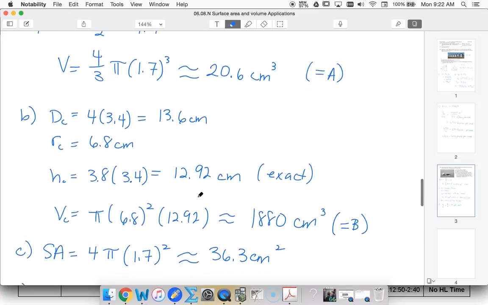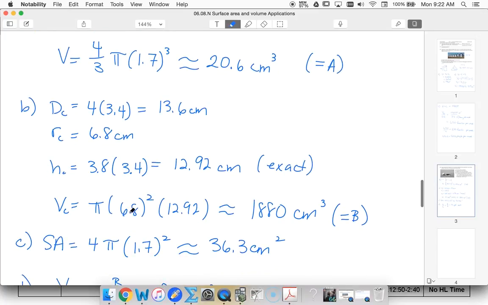Yes, that makes sense as well. So this is going to be a very big number. 6.8 squared times 12.92 divided by 1.7 cubed. Well, that's like 2 cubed, which is about 8. 8 times 4 is 32. But then divide that, we get about 10. 10 times 3. Maybe this should be a little bit bigger, but not much.